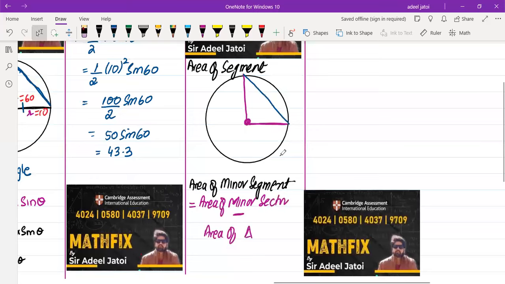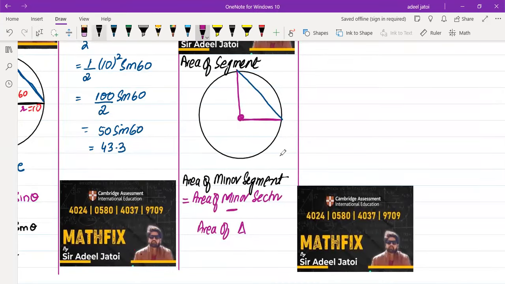So let's work upon this. Let's say this is 60 degrees and the radius is 10. We already calculated the area of the minor sector.